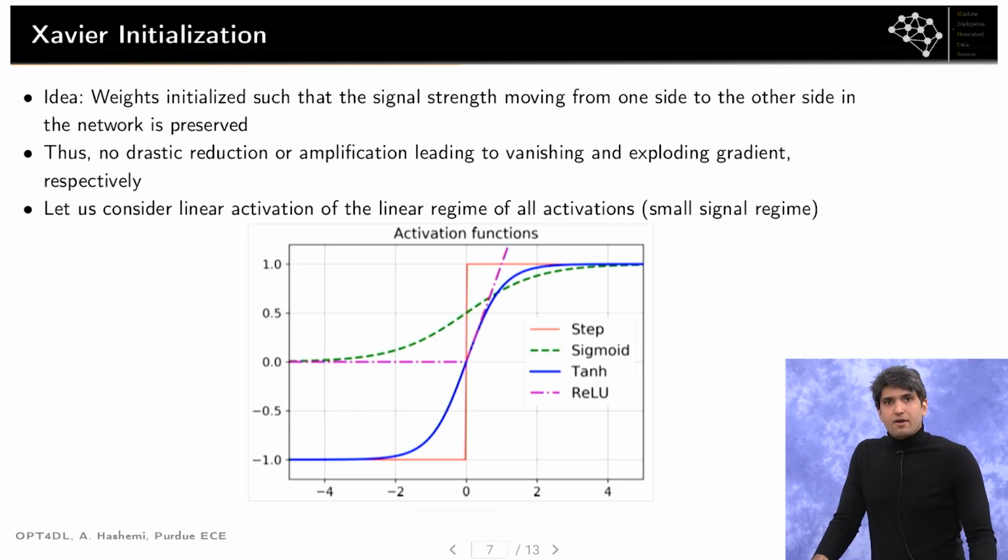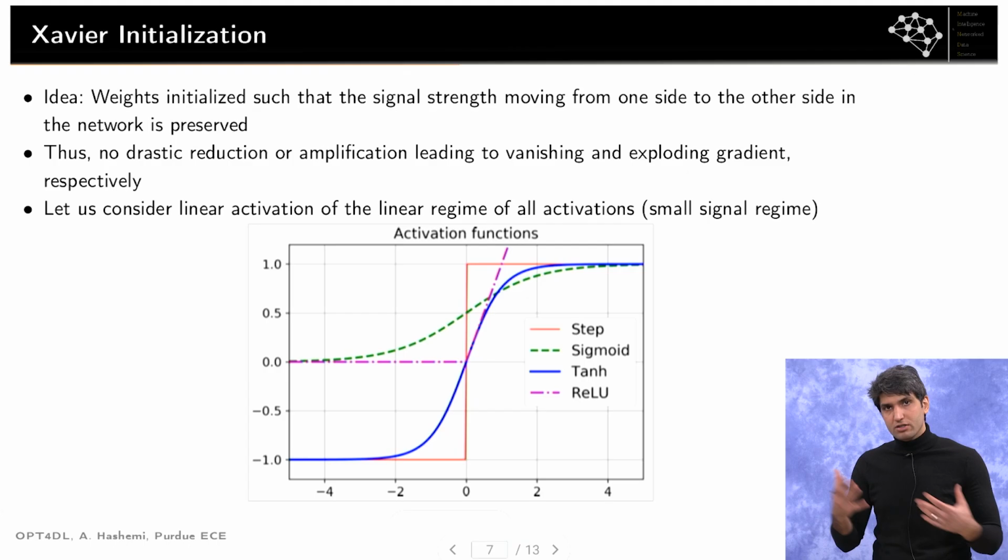One very famous initialization technique is the Xavier initialization. It's named after the person proposing this idea. The main idea is that we want to initialize the weights such that we don't change the signal strengths much.